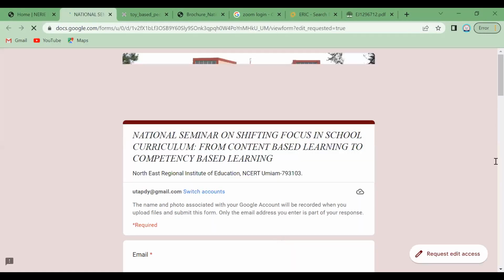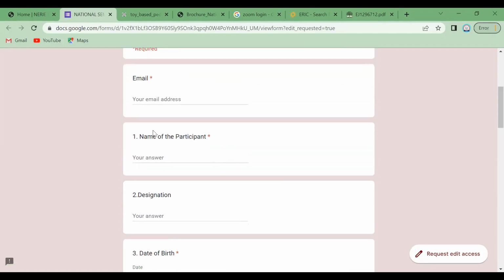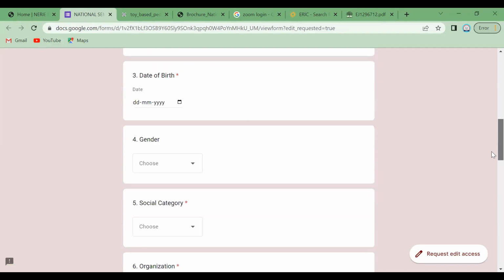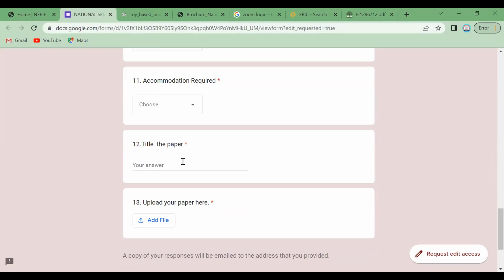It will open in a new tab. Here you enter your email ID, name and designation. It's all very simple. At last, you give your title and upload your full paper. The full paper will have the abstract, and the sample model paper will be shared with you.